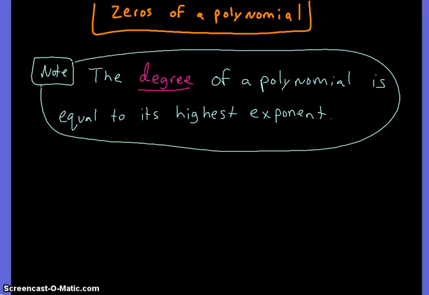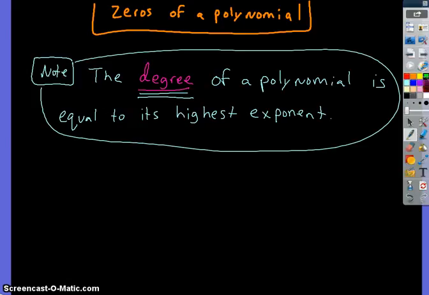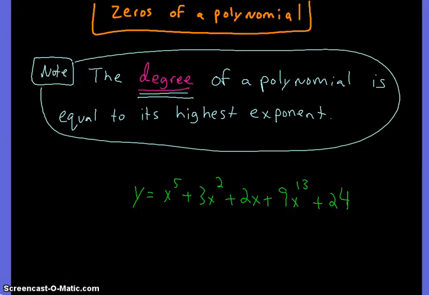The degree of a polynomial is equal to the highest exponent of the polynomial. Basically, given the polynomial y equals x to the 5th plus 3x squared plus 2x plus 9x to the 13th plus 24, you have 5 terms in this polynomial and lots of different coefficients: 1, 3, 2, 9, 24.